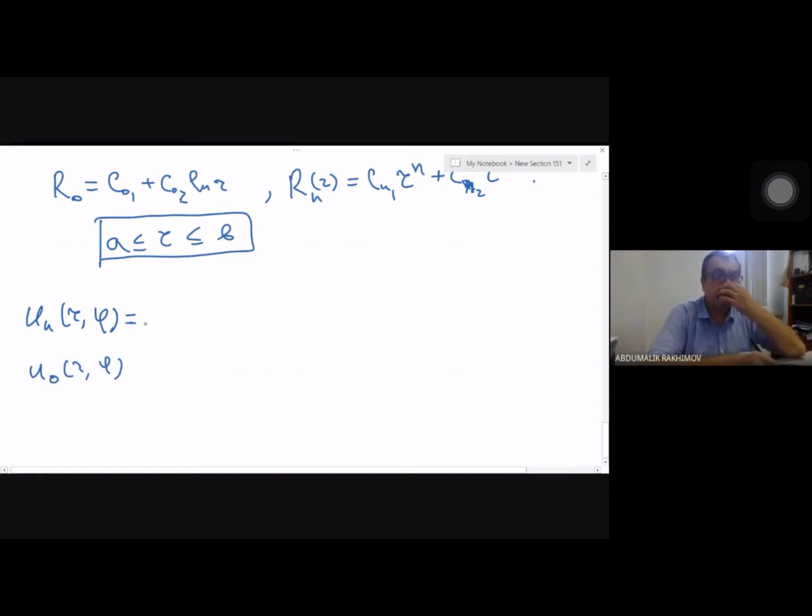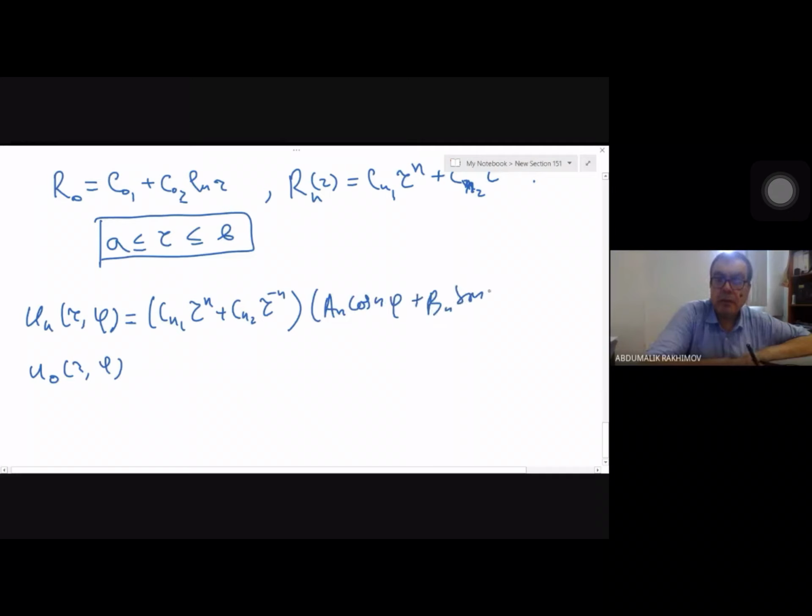So what is Un? It is Cn1 Rn plus Cn2 R minus n, times An cosine n phi plus Bn sine n phi. So we have it like this, right?